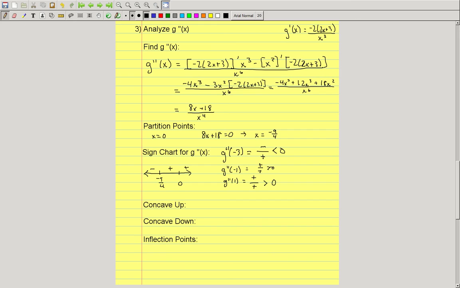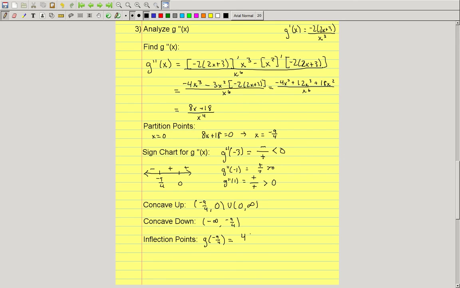So our function g is going to be concave up from negative 9/4 to 0, union 0 to infinity, skipping 0 because it's not in the domain of our function. And it's concave down from negative infinity to negative 9/4. Since we do have a concavity change in our domain, we have an inflection point, and we want to evaluate the original function at negative 9/4 to determine where that occurs.